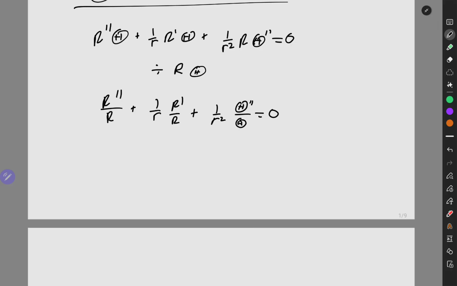I'm doing this for a reason. We want the radiuses to be with the radiuses, so those go with the r's.